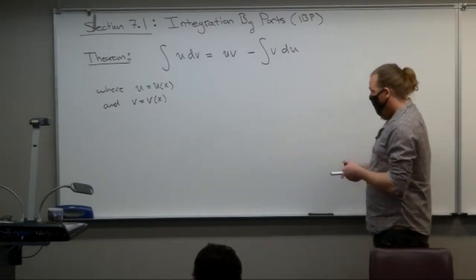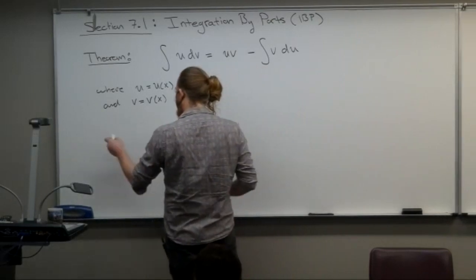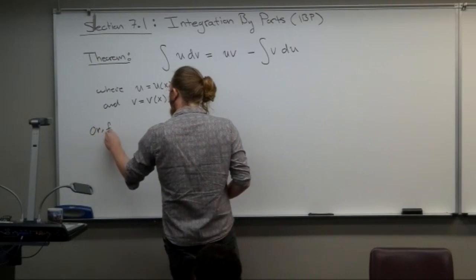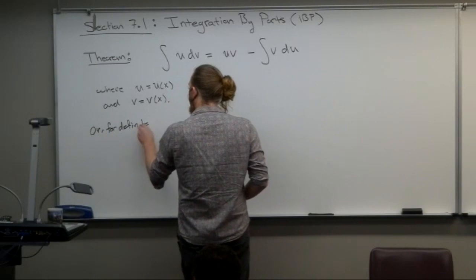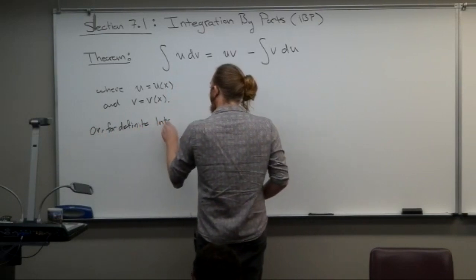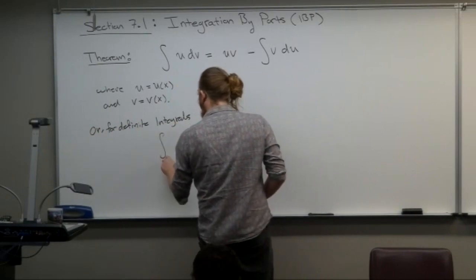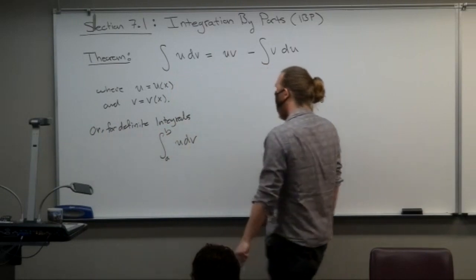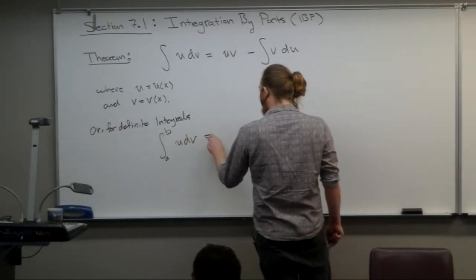There is a separate version of this for definite integrals. It doesn't look a whole lot different. We have the integral from a to b of u dv on the left.